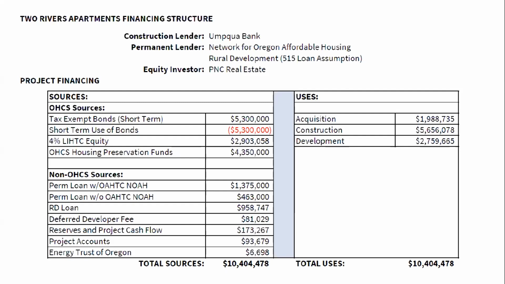The housing preservation funds being that large, the 4.3 million really helped us get to that too, to be able to provide a sustainable project instead of just Band-Aid and having to think about some sort of recapitalization in 10 or 15 years.